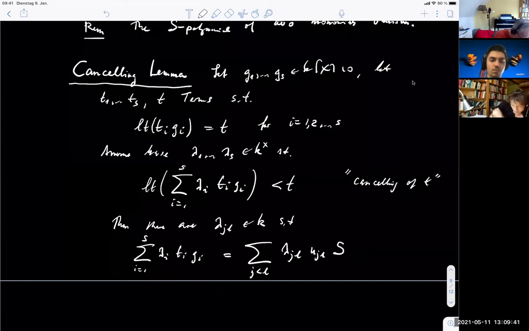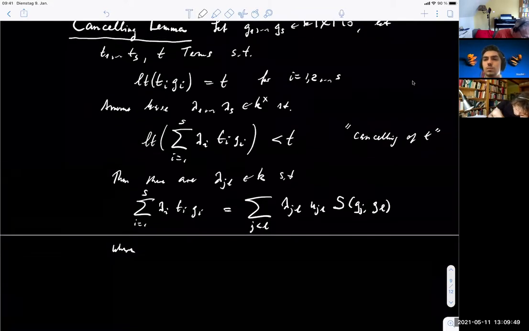Here I have the S polynomial of Gj and Gl, where UJL is T divided by the least common multiple of the leading terms of Gj and Gl.